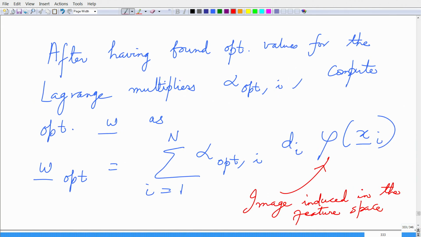Now, having found the optimum values for the Lagrange multipliers, I take the derivatives with respect to the parameters in the Lagrangian and I solve for the optimum Lagrange multipliers.